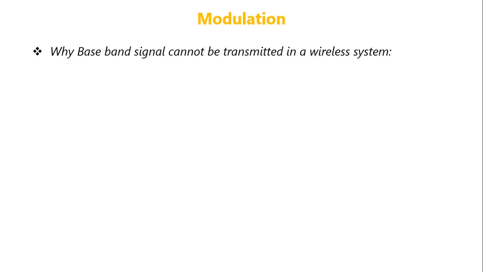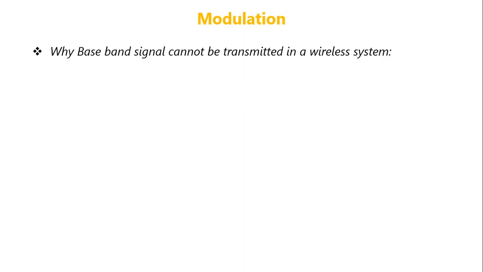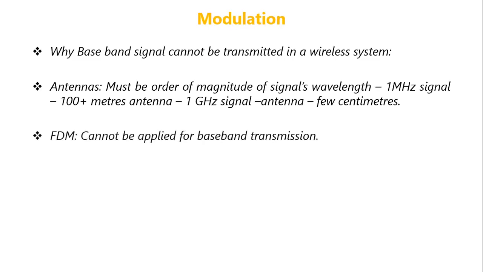There are several reasons why analog modulation should be done, that is, why the baseband signal cannot be transmitted in a wireless system. In the previous lecture we discussed antennas.